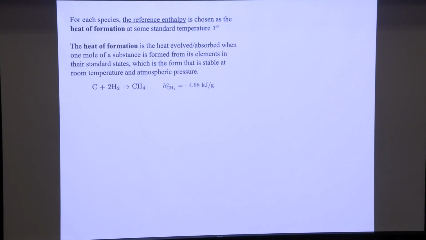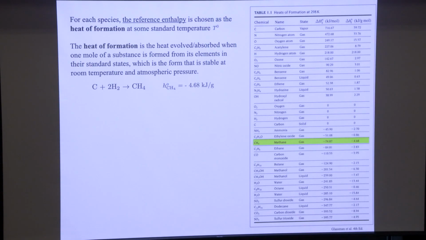Standard state is the form which is the most stable one under room temperature and atmospheric pressure. So for example, C plus 2H2 gives you methane.